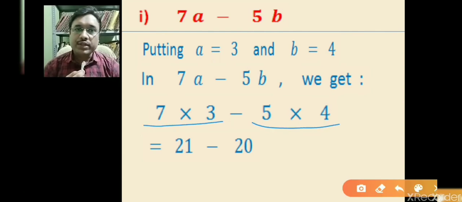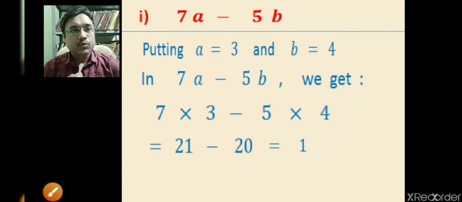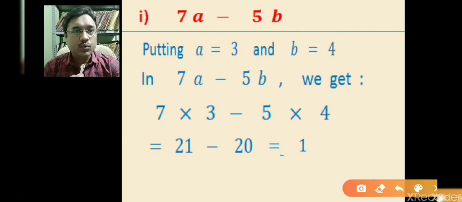There is no need to give the bracket, because the BODMAS rule tells us that first we multiply these two values, and after that you will do the subtraction. So 21 minus 20 is 1. So the value of this expression is 1.